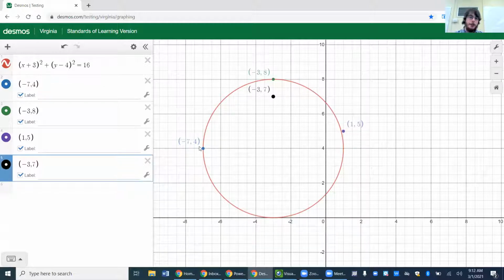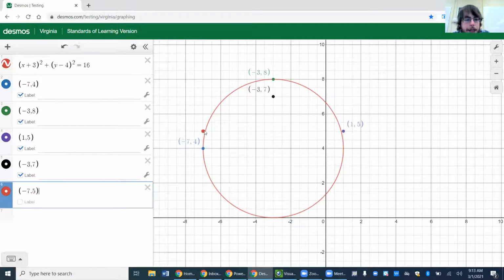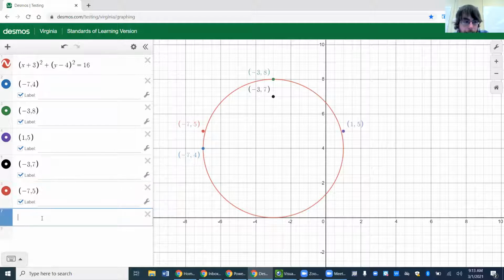So they have to be on this red circle here. Let's move on to the next one, -7, 5. Again, it is very close, but it's not quite on the red line that's represented by the circle. So that can't be an answer choice.